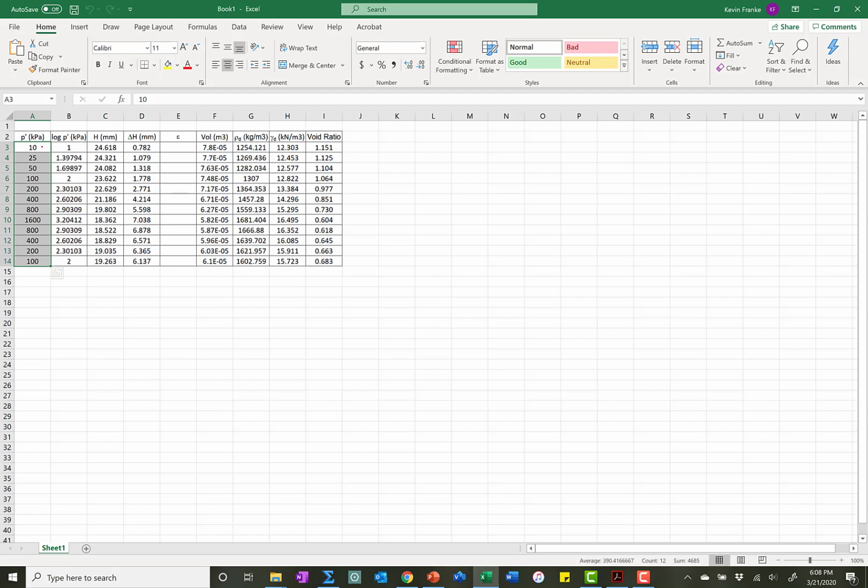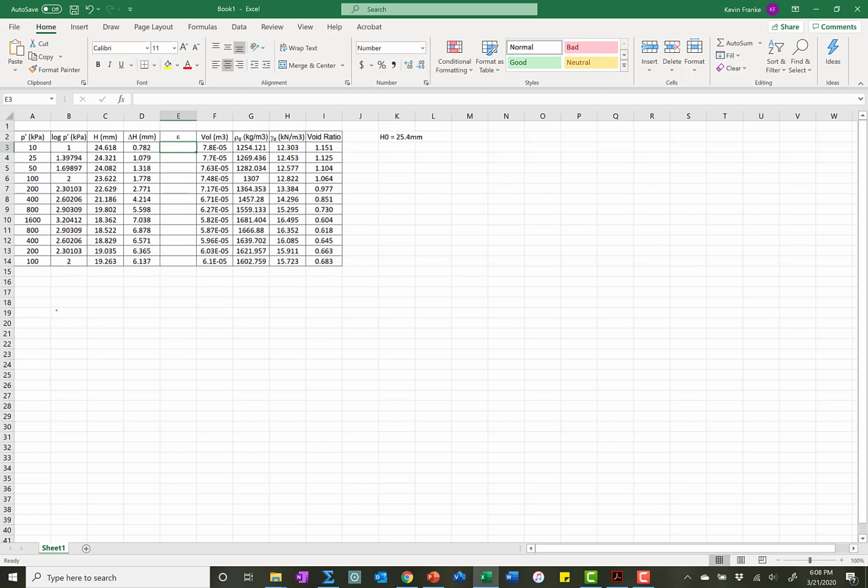So I've got mean stress, log of mean stress. Here's the height of the sample measured from the odometer. The sample itself was originally 24.618 millimeters plus 0.782 millimeters, 25.4. So H naught equals 25.4 millimeters. That's the original height of our soil sample.